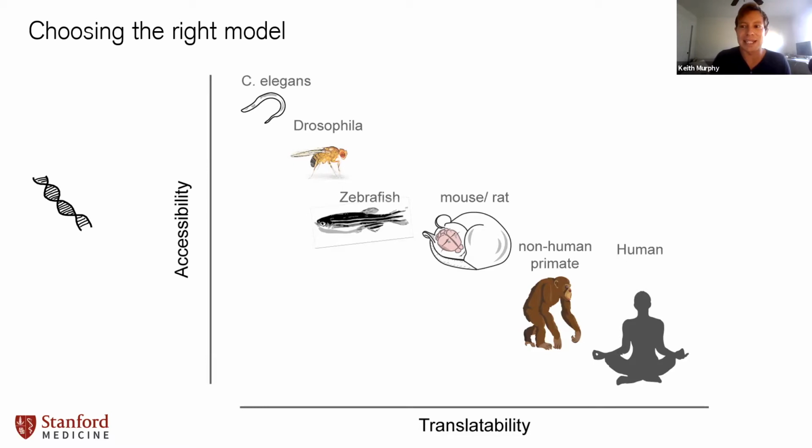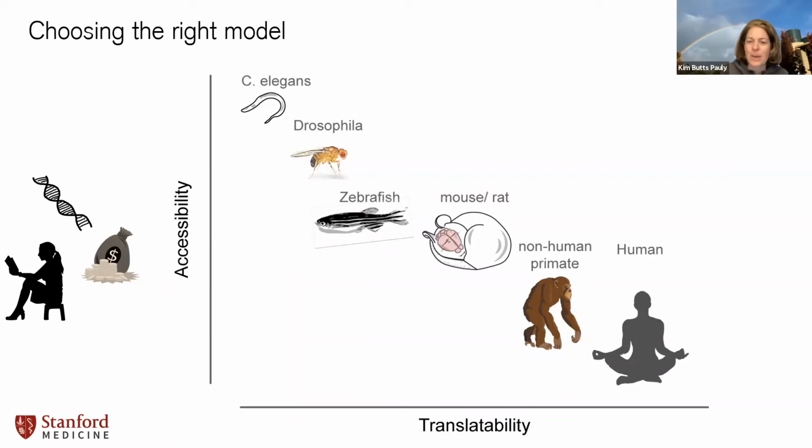Accessibility is something like, can we change the genetic architecture of these organisms? Is it expensive to run a huge trial with a lot of subjects? And the last one is, can they perform a behavior that's easy to assess? And of course, translatability is the question of, if I've answered a question in this small animal model, does it really matter to the human, and is it the same? So Kim and I deal with these trade-offs quite a bit.